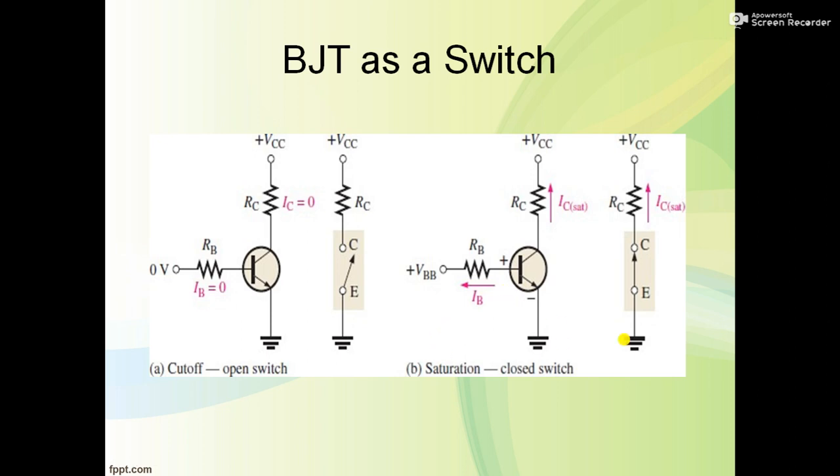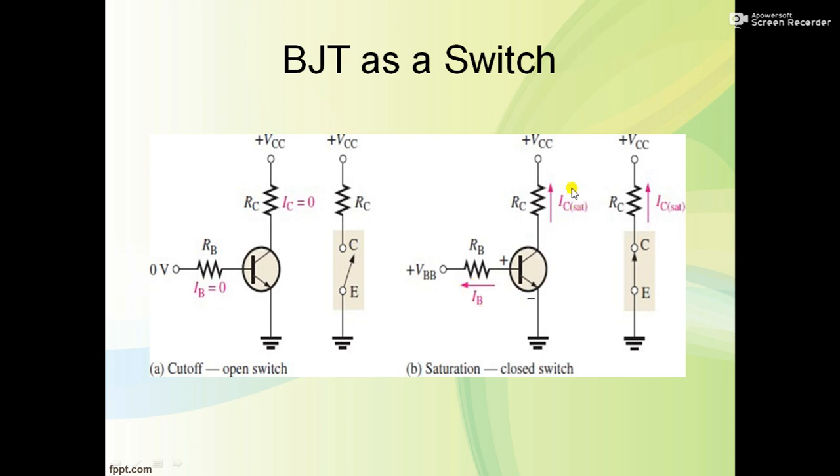When it is forward biased, a small amount of current flows through this resistance RB. When IB increases, IC also increases at the saturation level. So with the help of this VBB, the EB junction becomes forward biased because IB is flowing.